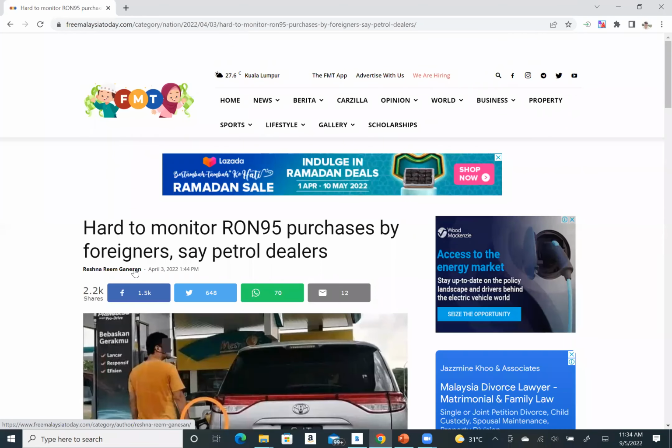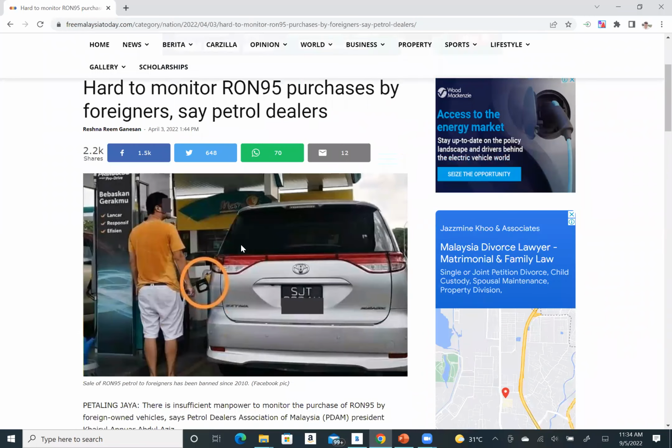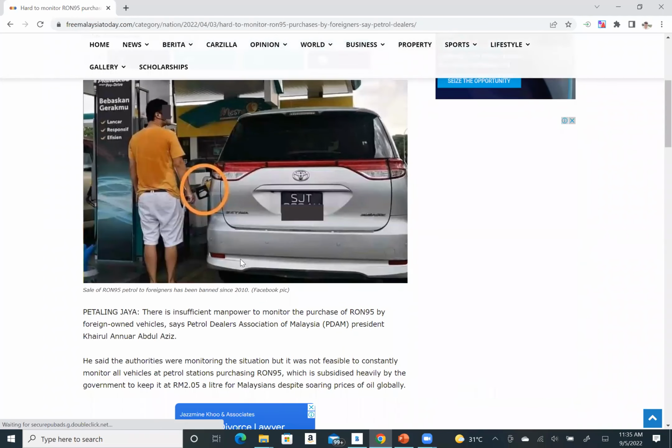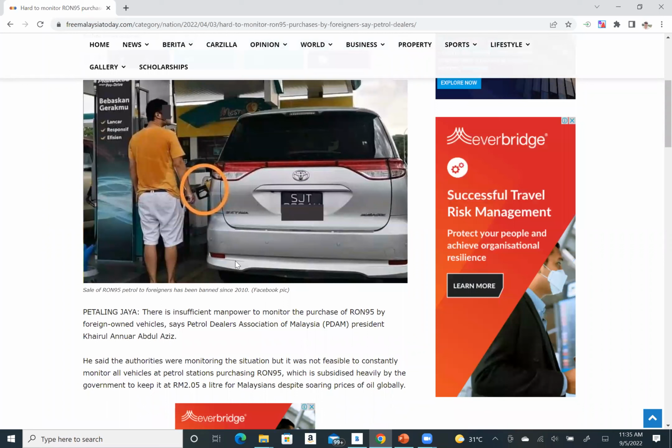Fuel subsidy means the petrol and diesel, especially RON 95.